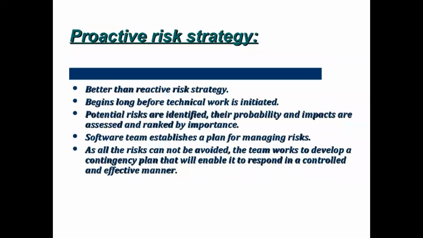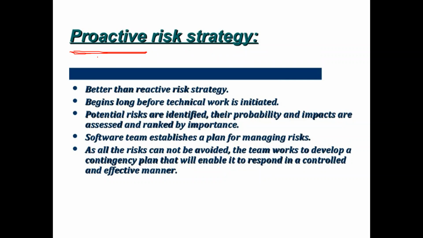But proactive means in the beginning itself you have to think about the risk, what possibilities are there. Then you should have a second plan, a third plan, a fourth plan. This is called proactive. That means you have to continuously be active on risk management.